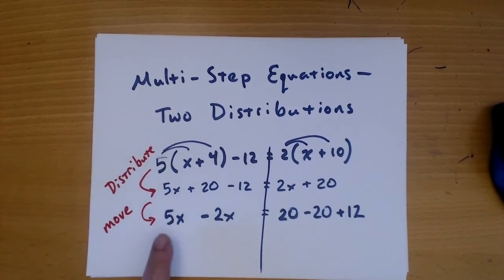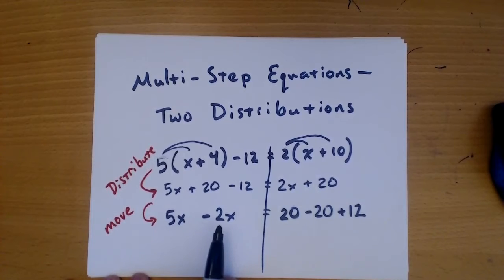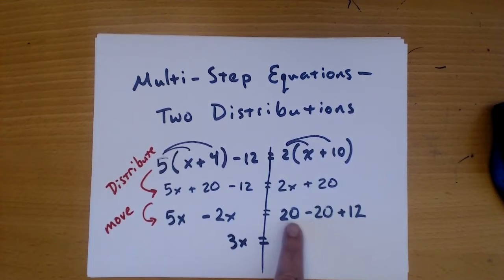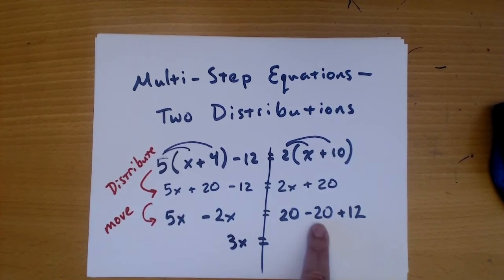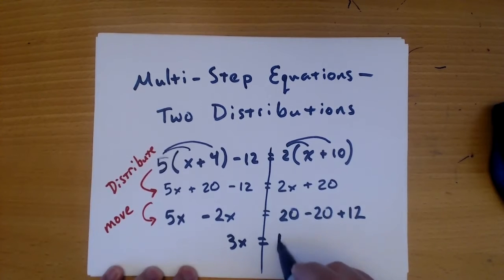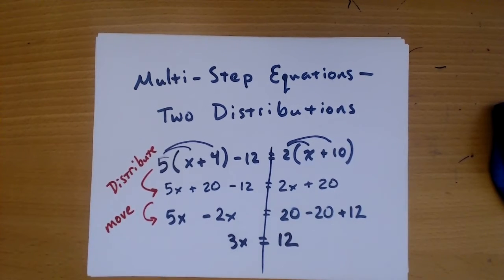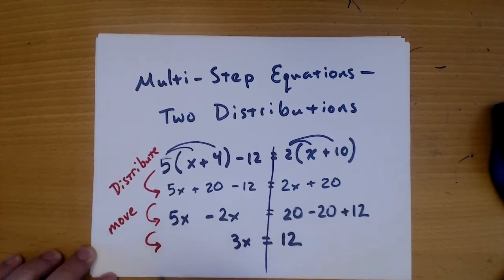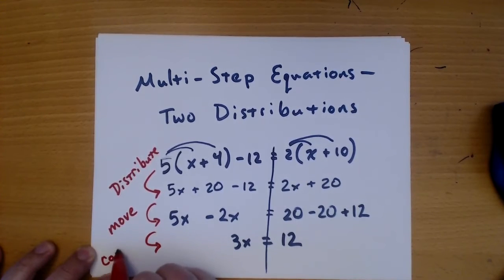Now, we just combine. 5x minus 2x is 3x. Now, when we combine all of these, the 20 minus 20 is 0. So all we have left is a 12. So my third step is combine.